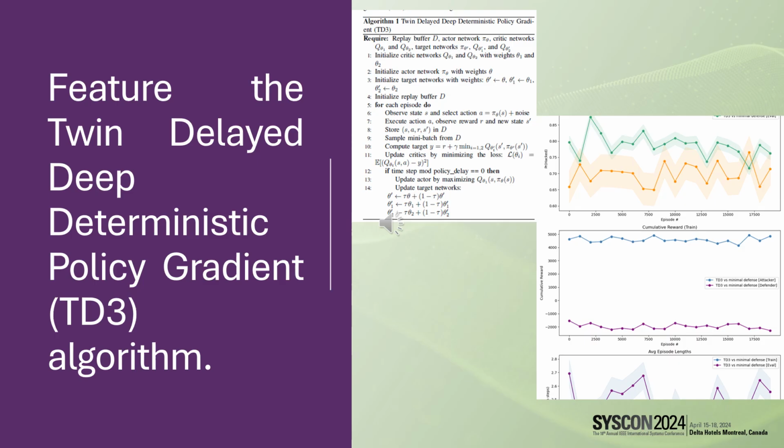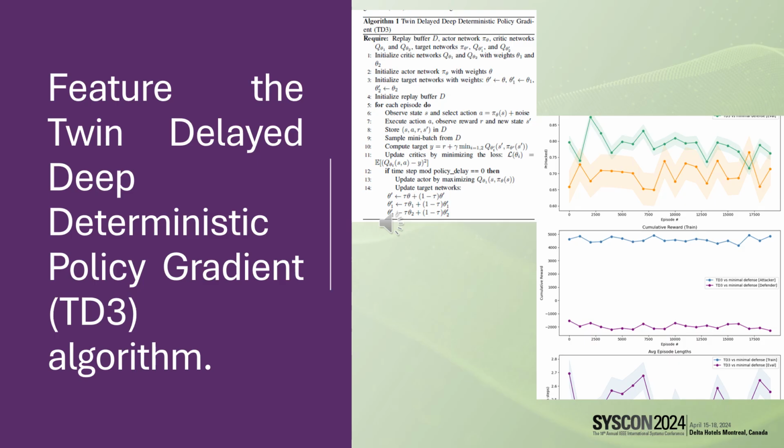The left side of the slide provides a concise outline of the TD3 algorithm steps in pseudocode. It starts with initializing actor and critic networks, which are part of the algorithm architecture that help in selecting actions and evaluating them.